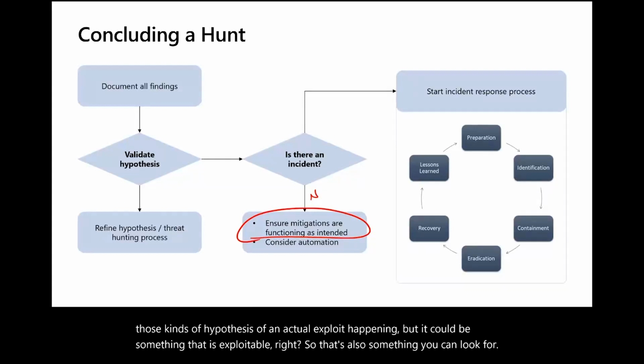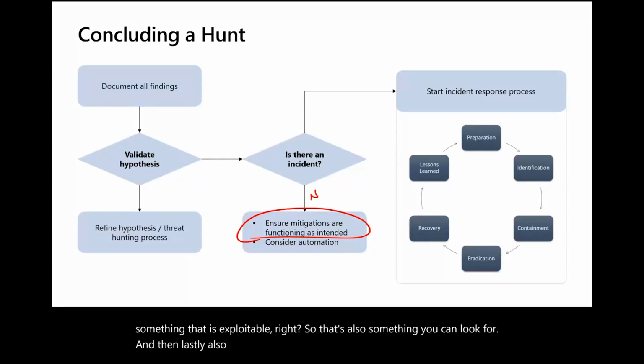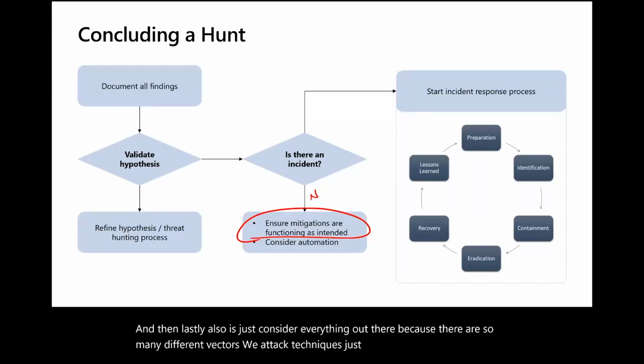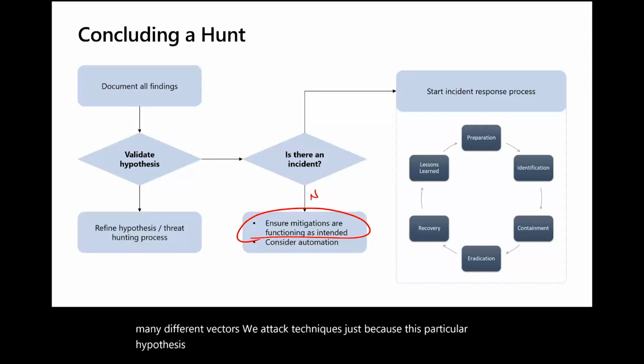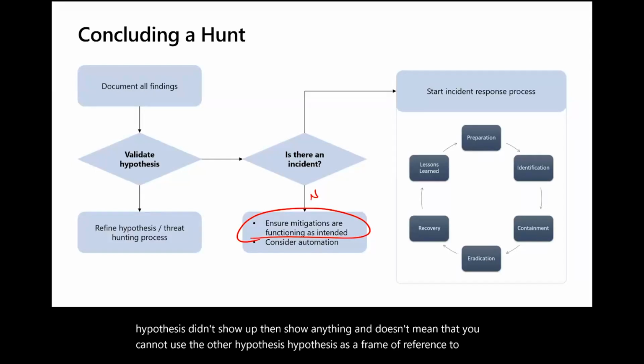And then lastly, just consider everything out there, because there are so many different vectors, so many attack techniques. Just because this particular hypothesis didn't show anything, it doesn't mean that you cannot use the other hypotheses as a frame of reference to say, hey, have we considered this other threat?